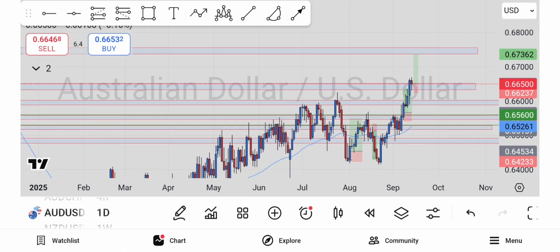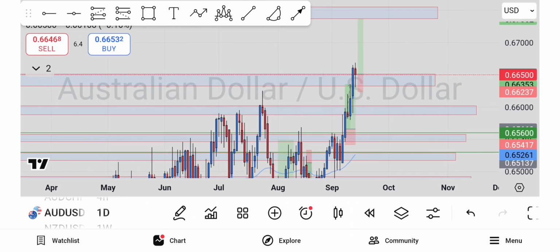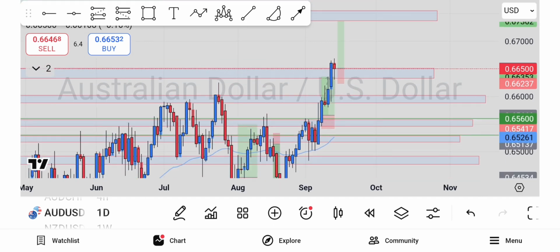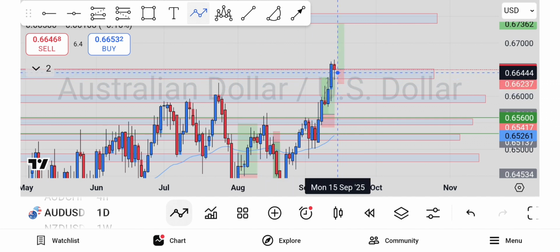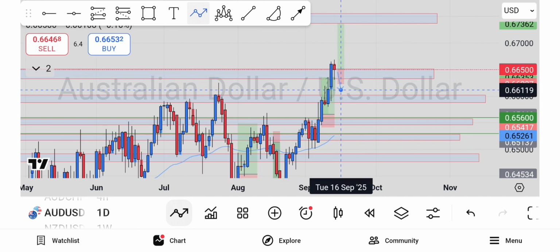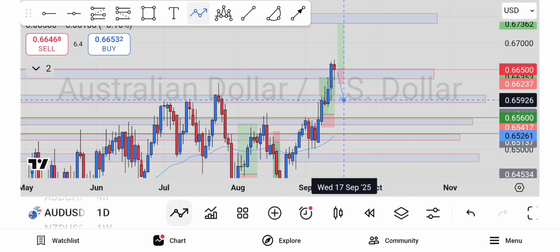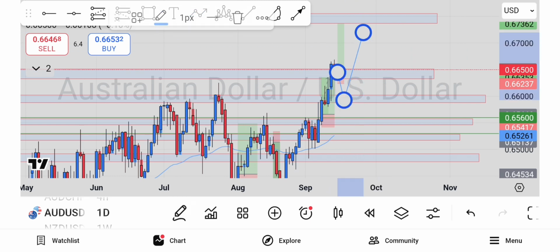But better still, I'm not just going to jump into this AUD USD buy continuation, because we may also expect a retracement back to this point here before the buy continues to the upside.